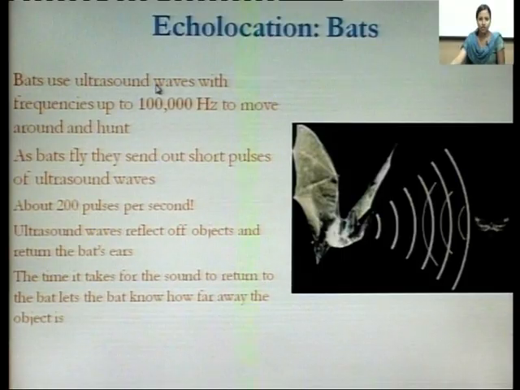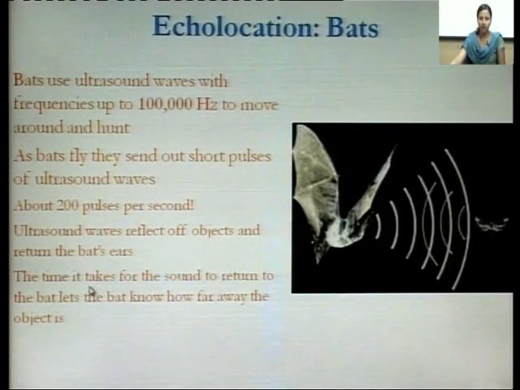Bats use ultrasound waves with frequency up to 100,000 hertz to move around and hunt. As bats fly, they send out short pulses of ultrasound waves, about 200 pulses per second. Ultrasound waves reflect off the object and return to the bat's ear.